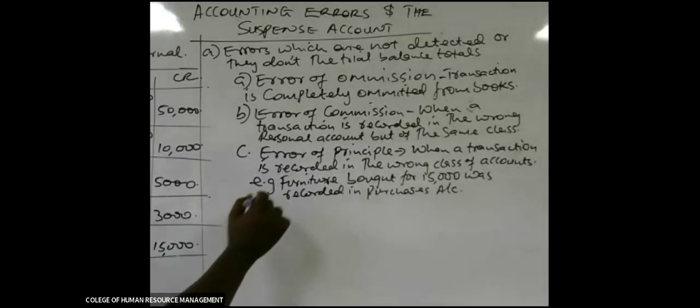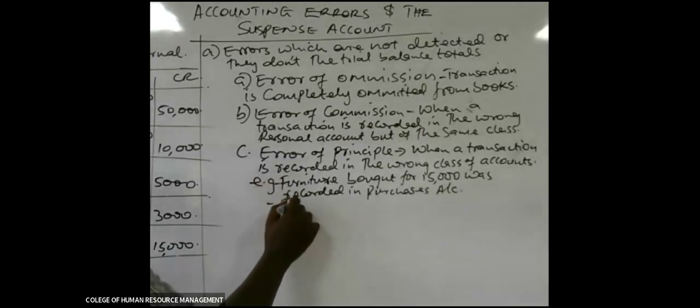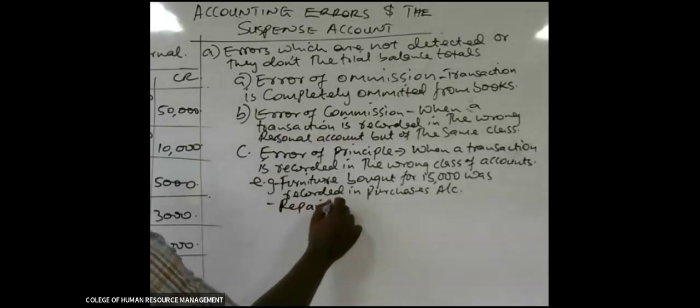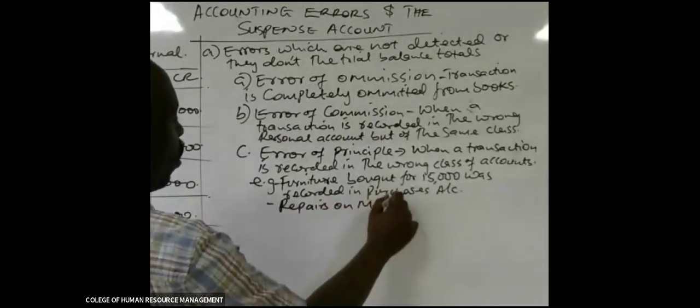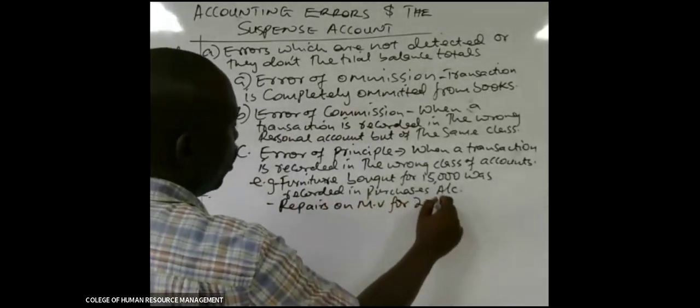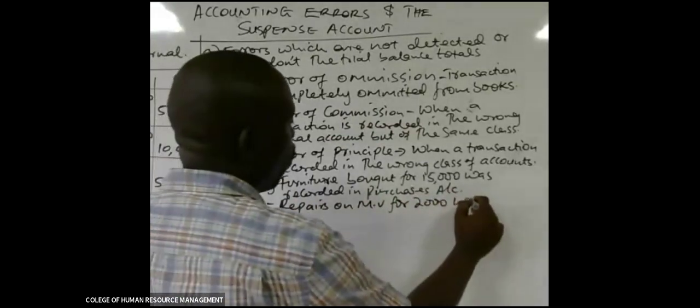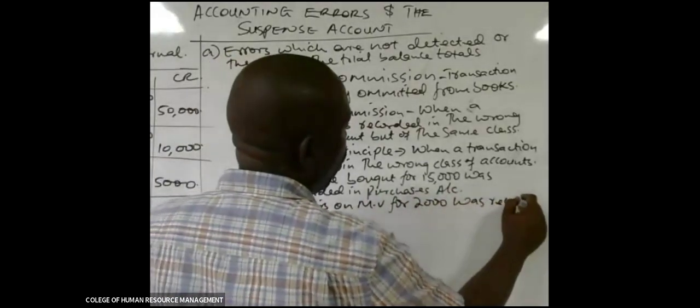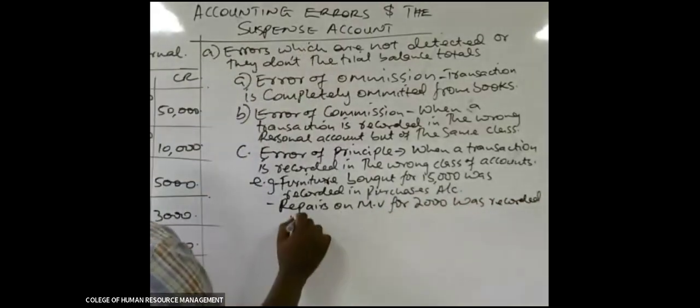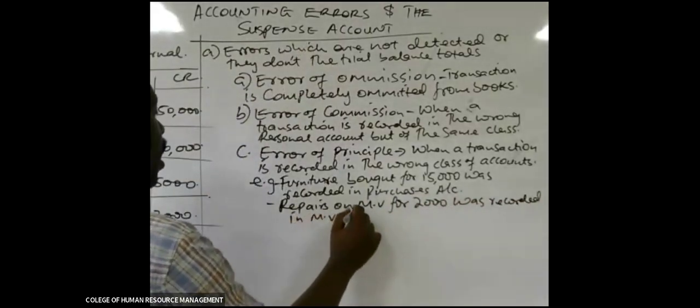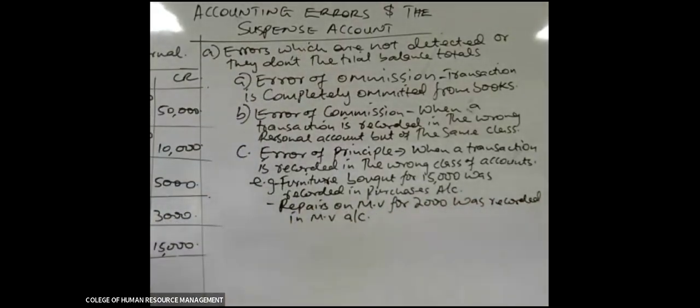Another case can be repairs on motor vehicle for 2,000 shillings was recorded in motor vehicle account. You repaired your motor vehicle and paid 2,000.